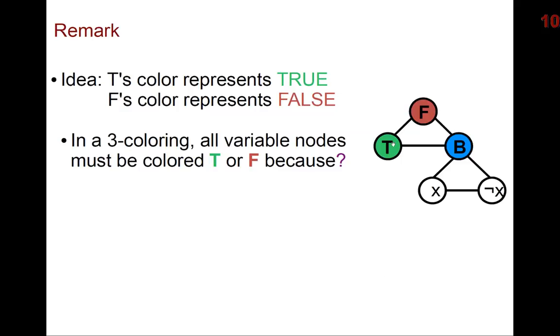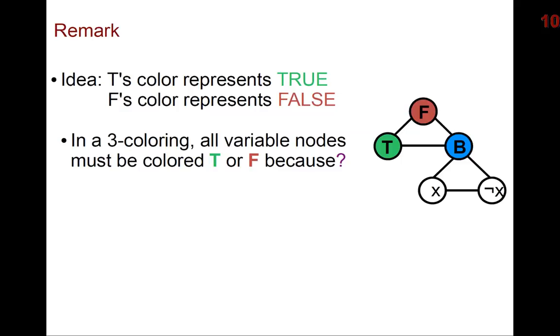Remember, the nodes can be colored arbitrarily. So this palette are 3 nodes which are all different colors, so I just give them names. T is the color that represents true. So if something is colored T, it is true, so you're going to think of T as being green. F is false, and B is something else which is not true or false.